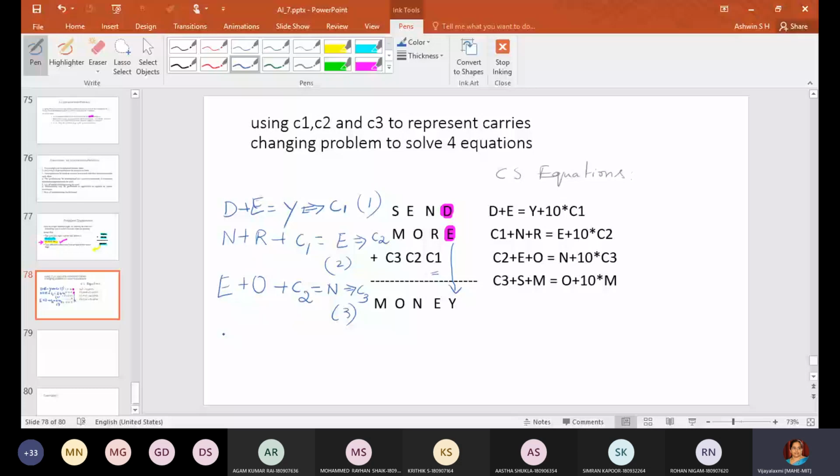The fourth equation will be S plus M plus C3 equal to O, and this will generate a carry C4. Note that in this problem C4 is equal to M, which is equal to 1. This is what I wrote in the previous slide, that M has to be equal to 1. That is derived from this.